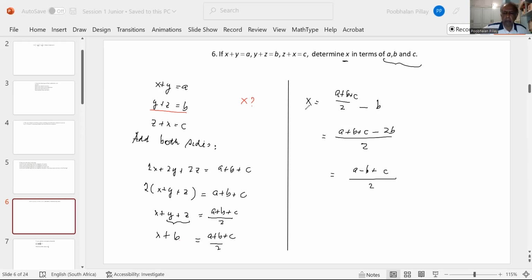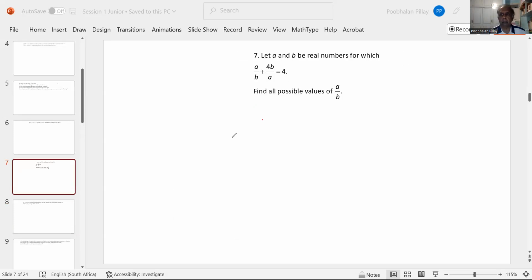You can solve for x by taking b across the equal sign, it becomes minus b, and you simplify this to get a minus b plus c over 2. I went through this briskly. You can have a look at it in your own spare time and understand it. The principle is exactly the same as the one that we did earlier on.